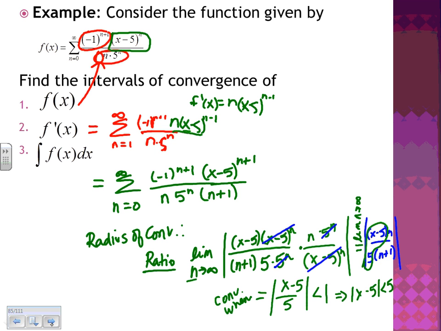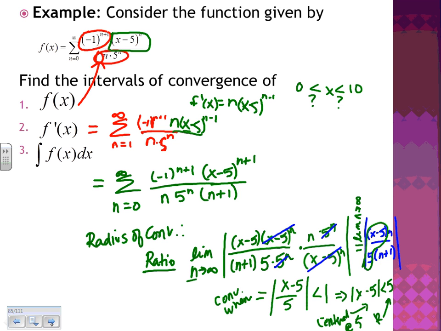Is that all right? So if you were going to set up the whole x part, what would that be? 0 to 10. Is that okay?